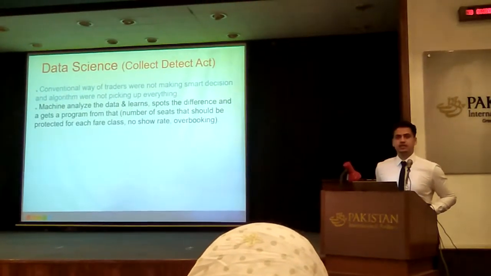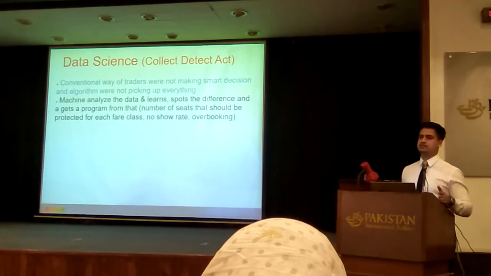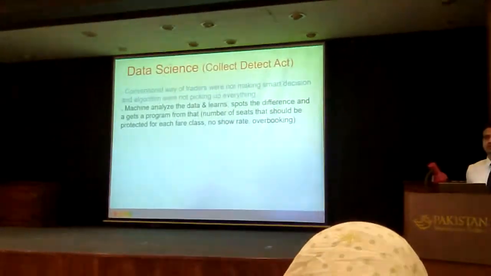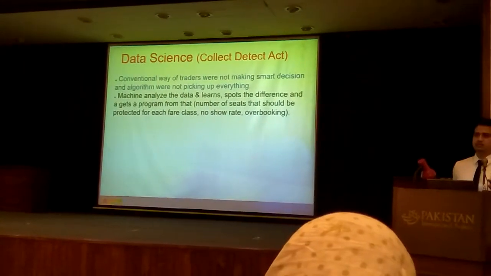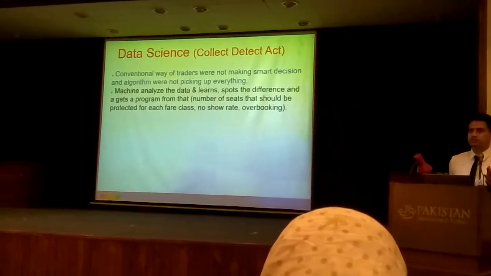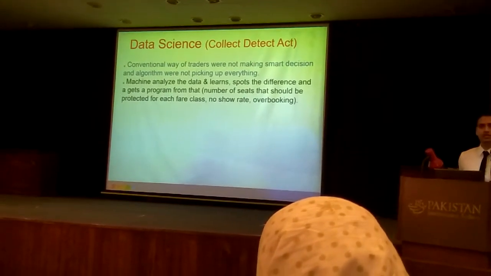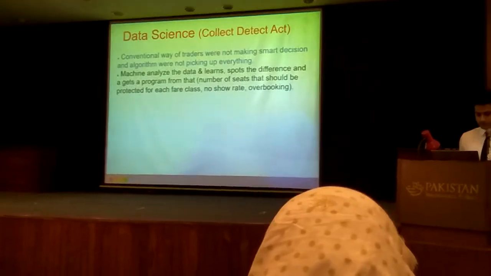First, data science. The data science model is collect, detect, and act. As simple as that. You collect the data, detect what's the behavior of the passengers they are flying, and also you act according to that behavior.